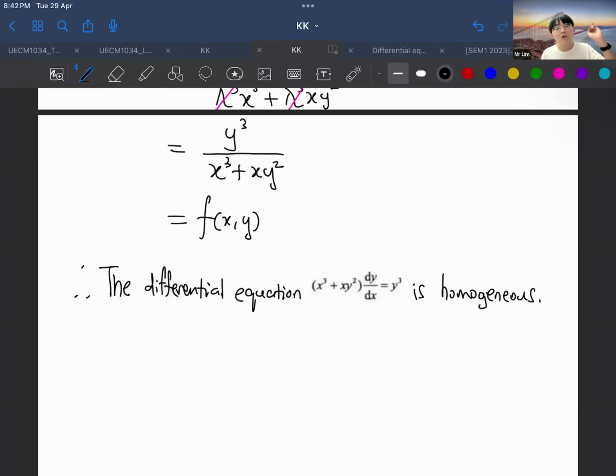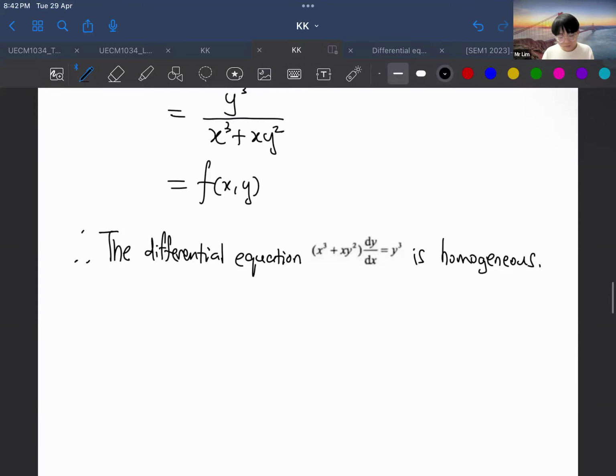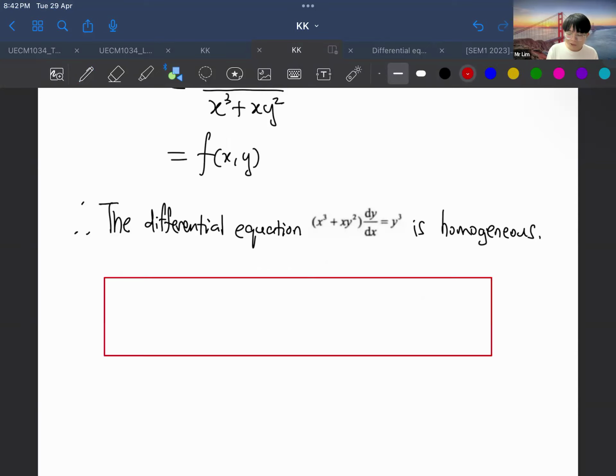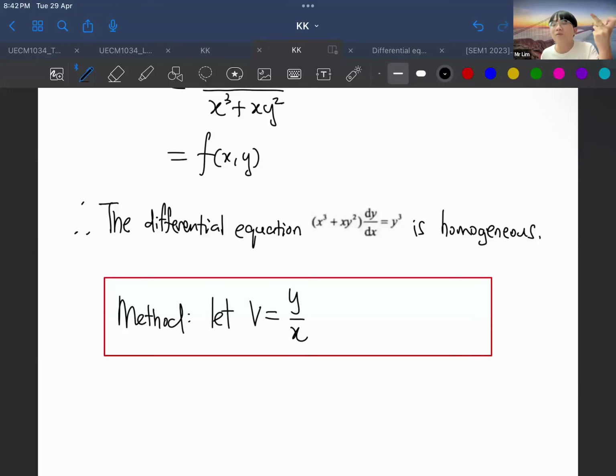So I'm just going to tell you what is the method. The method is very important, so you better write down. Let V equal to y over x. This method is not new to you, which is just a substitution.